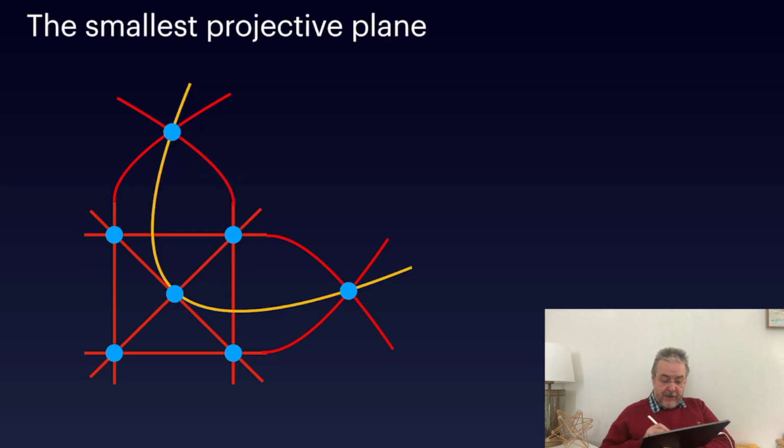I want to do a few side remarks here. So one side remark is we have altogether 7 points, and we have altogether 7 lines.